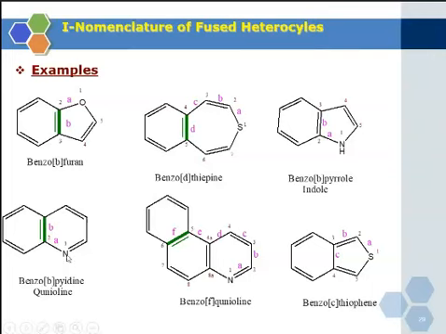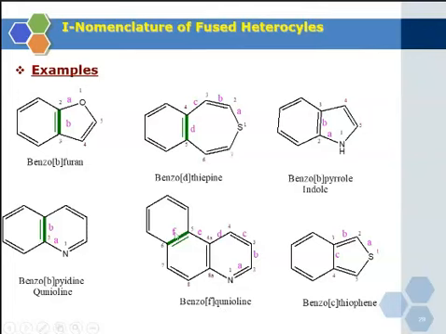Here we can see benzopyridine. It is also known as quinoline. When we denote it as a benzo-fused ring, then we call it benzo[b]pyridine. B here represents the face along which the two rings are fused. Here also we can see the structure of benzo[f]quinoline.